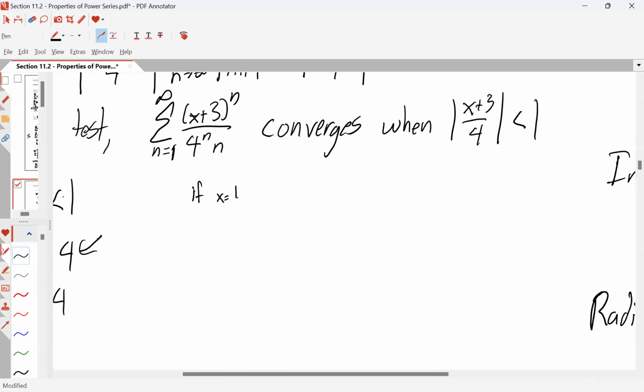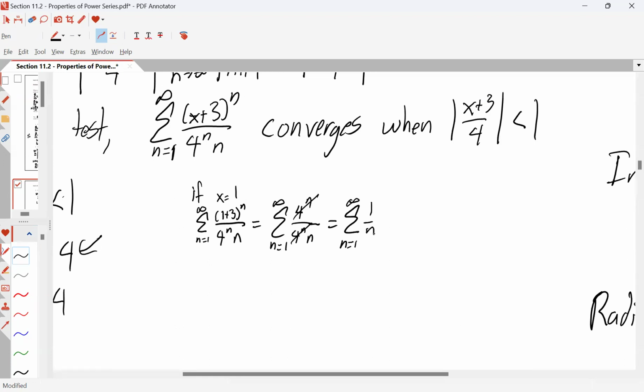if x equals 1, we would have the series n equals 1 to infinity of (1 plus 3) to the n over 4 to the n, which is the series n equals 1 to infinity of 4 to the n over 4 to the n times n. 4 to the n over 4 to the n means this is the series n equals 1 to infinity of 1 over n.